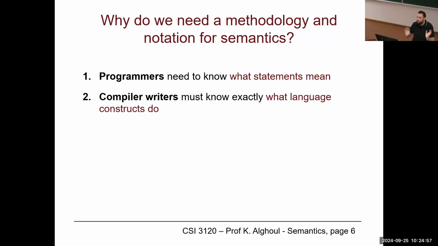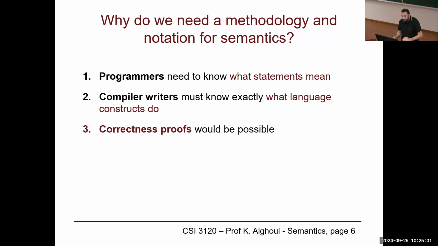Everyone is going to give a philosophical answer. No, we want something where we can say, okay, there is something called a correctness proof. We follow these formal rules of semantics, and then we can say, check, check, check, this is correct. So correctness proof is very important. That's why we need a methodology.